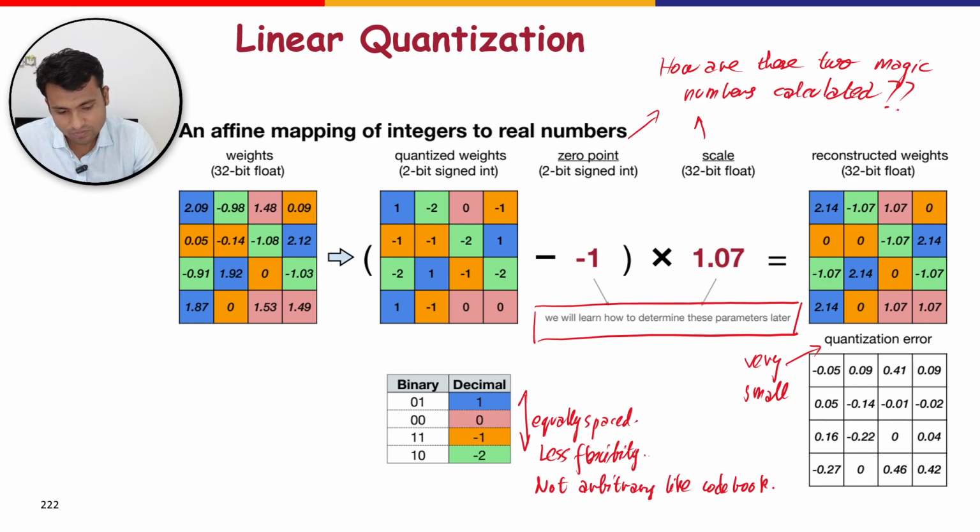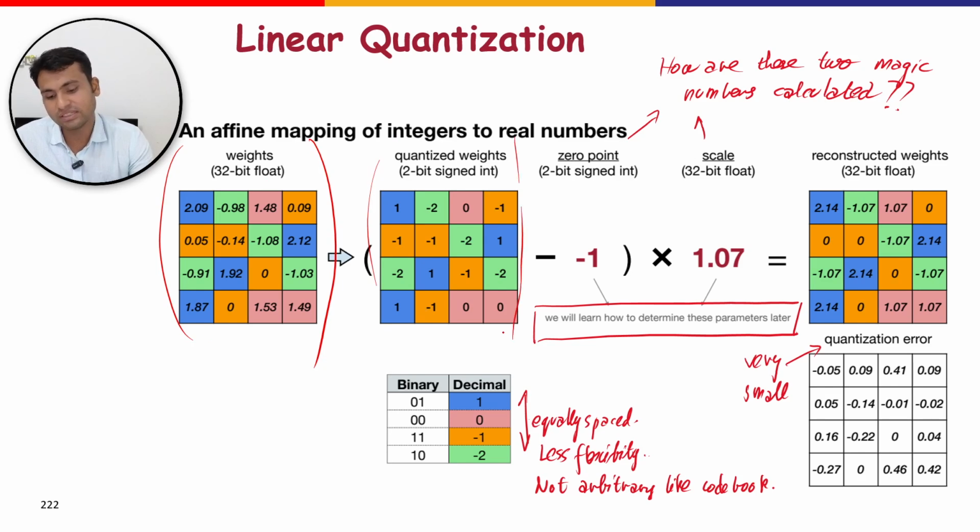Simply put, if this is the original weight matrix which we have, we represent this whole weight matrix by integer numbers. Since we discussed last time 2-bit unsigned int and signed int, again we are just going to take a 2-bit signed integer number, and we subtract a zero-point number which is again in 2-bit signed int format, and we multiply it with the scaling factor. The scaling factor is a 32-bit floating point number.